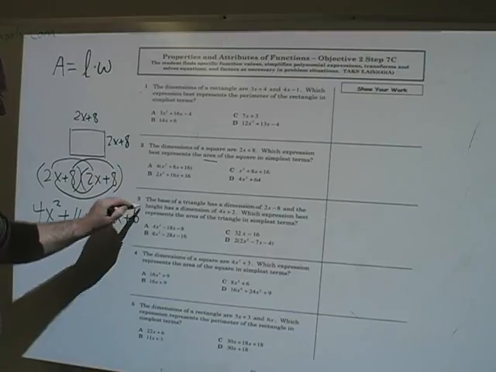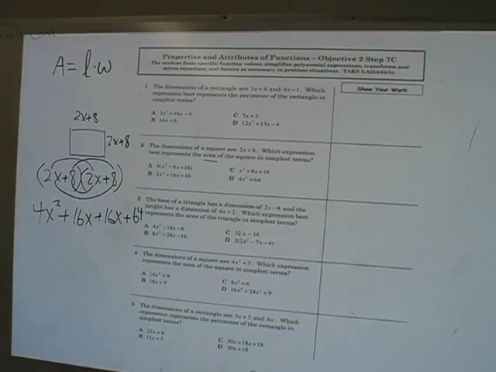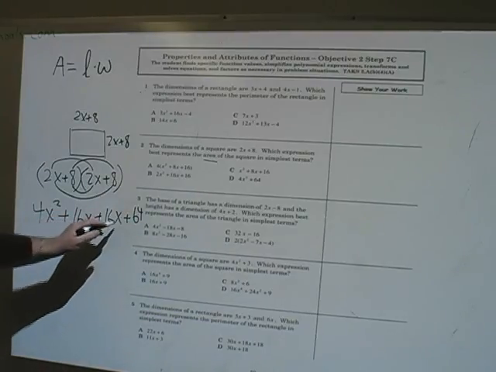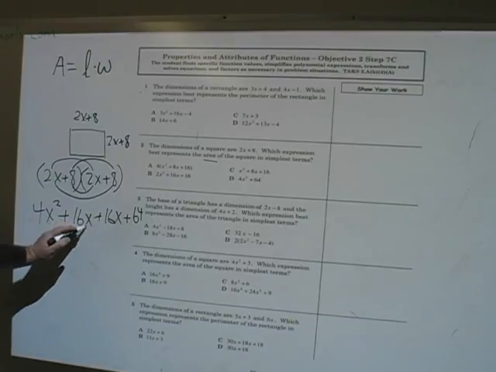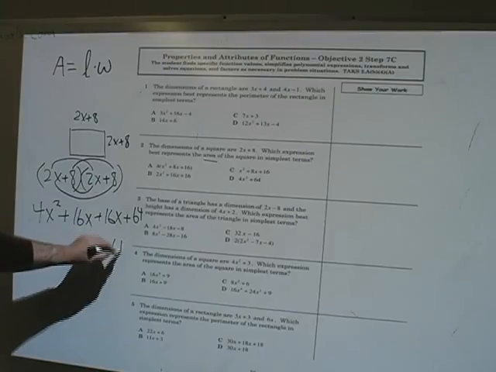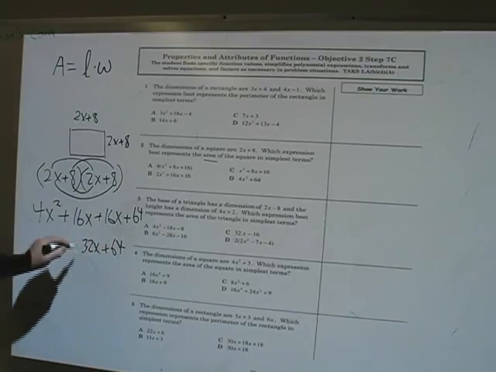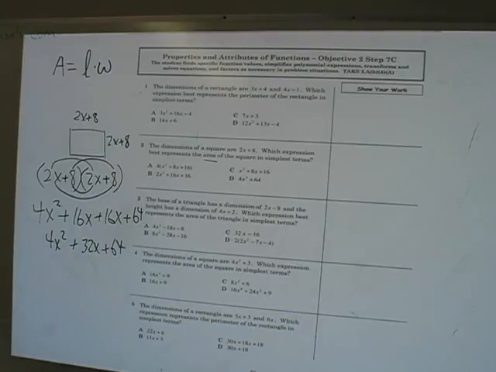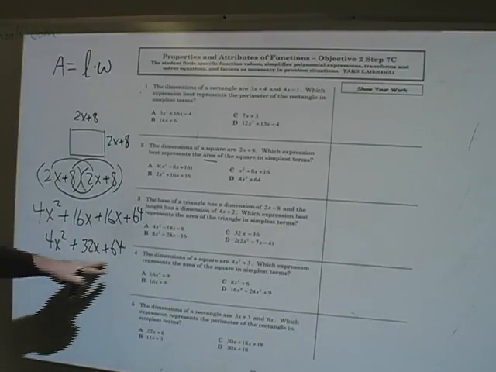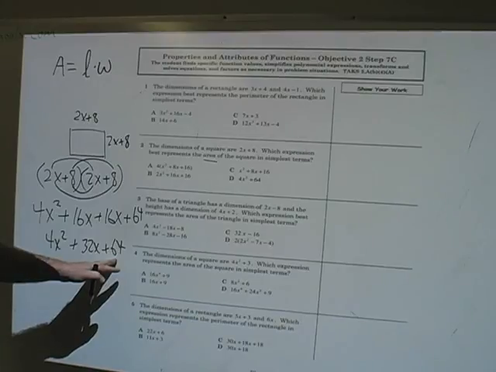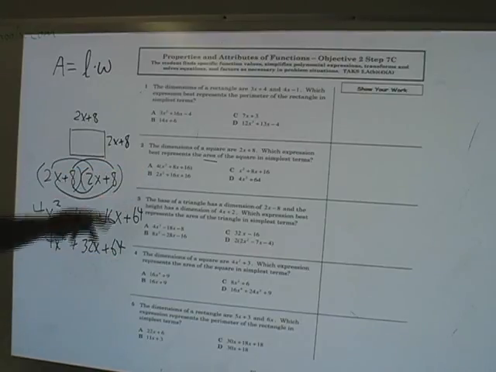And that's 64. You gotta combine like terms. 16x plus 16x is 32x. And then combine it with 4x squared and the 64. Here's your answer.